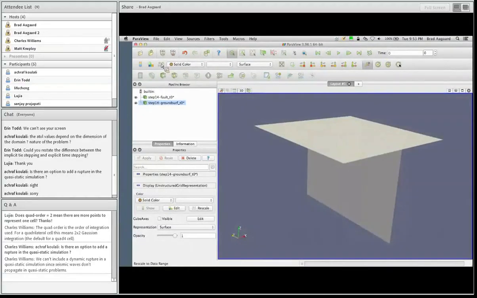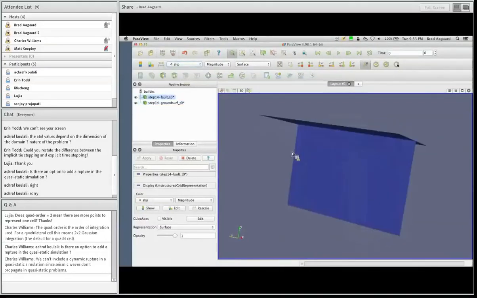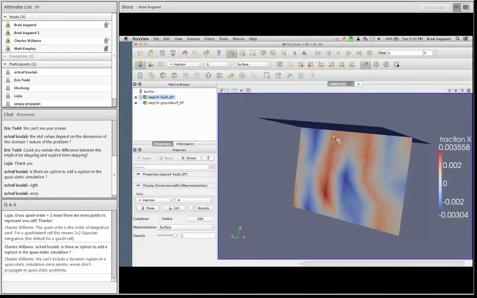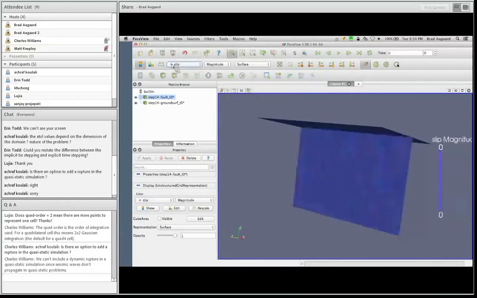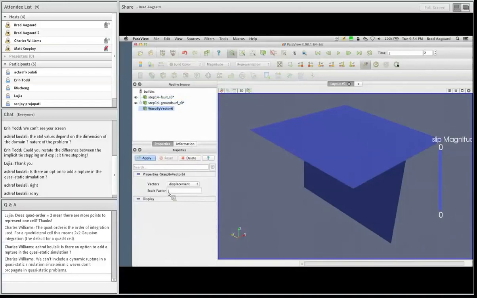So this is ground surface, displacements. Oh, let's look at the slip. Let's look at the traction as well. So I think, yeah, they're all about the same. So let's go back to see that. I want to warp the ground surface.